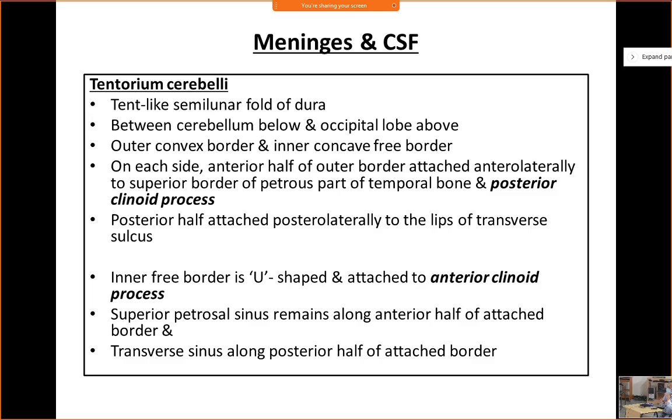Inside the petrous part, the middle ear and inner ear are present, and it lies anteroposteriorly. The anterior half of the attached border is attached to the superior border of the petrous part of the temporal bone, while the posterior border attaches to the occipital bone, along the transverse sulcus.